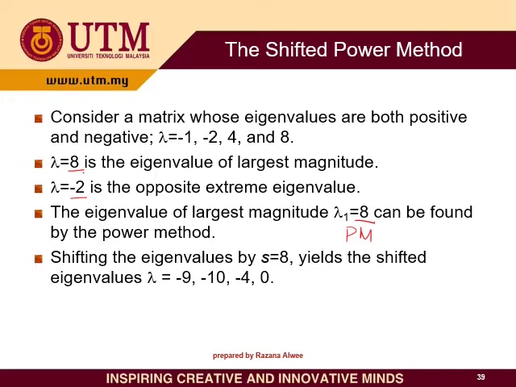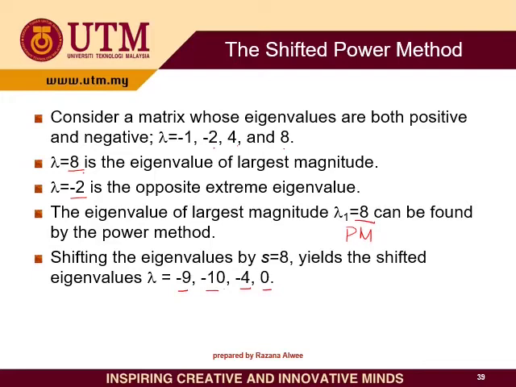If you shift by s equals 8, negative 1 minus 8 is negative 9, negative 2 minus 8 is negative 10, 4 minus 8 is negative 4, 8 minus 8 is 0. So if you shift the eigenvalues by 8, it yields the shifted eigenvalues negative 9, negative 10, negative 4, and 0.